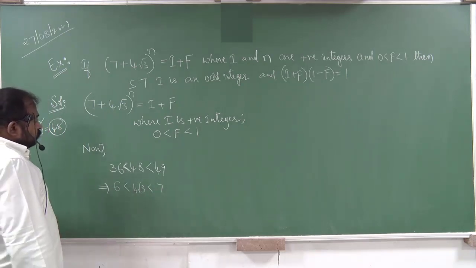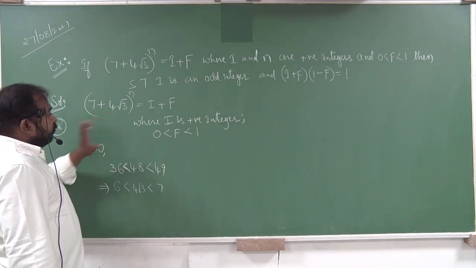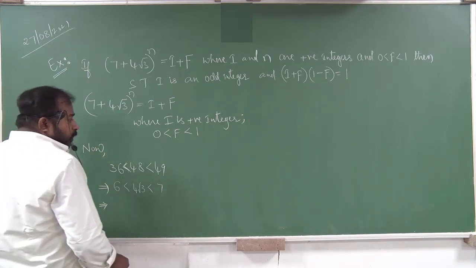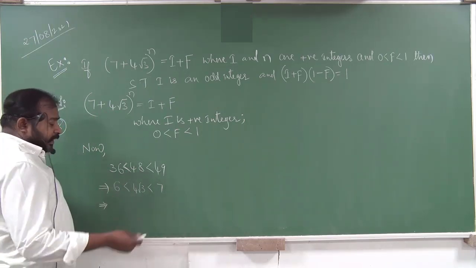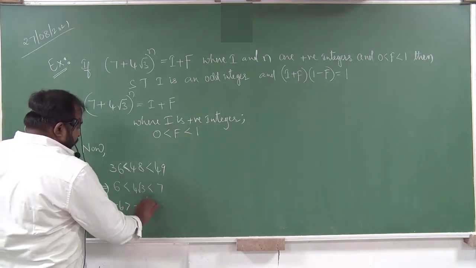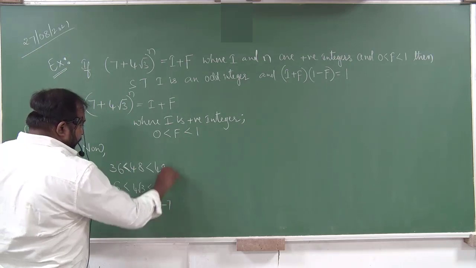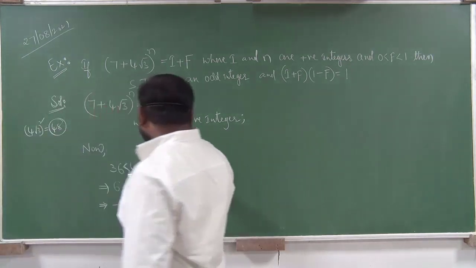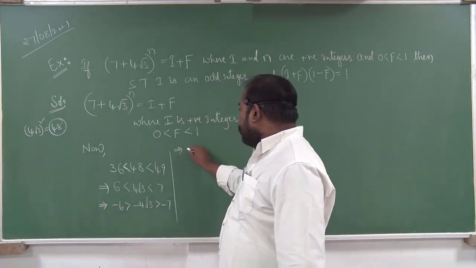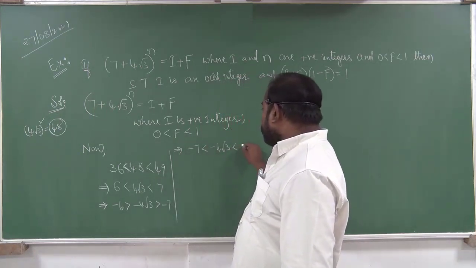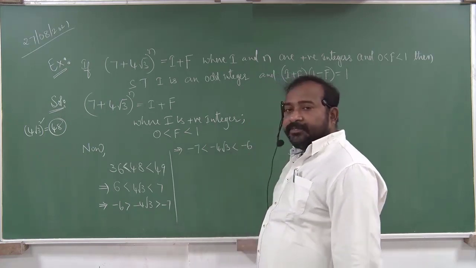Now, here they are given 7 plus 4 root 3. So here I can take minus. Why I will take minus? You can understand in later steps. So minus 6 is greater than minus 4 root 3 is greater than minus 7. Now the inequality implies minus 7 is less than minus 4 root 3 is less than minus 6.